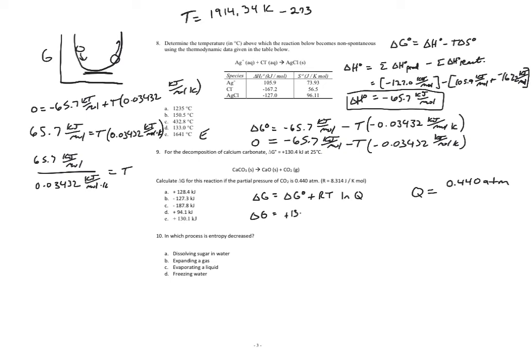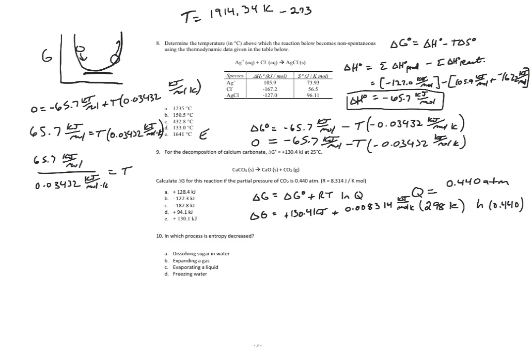So we have plus 130.4 kilojoules plus R, and again, here's where our units matter. So R right now is in joules per mole Kelvin, so we can divide that by 1,000 and get 0.008314 kilojoules per mole Kelvin times our temperature, which is 25 degrees Celsius, or 298 Kelvin, times the natural log of 0.440.